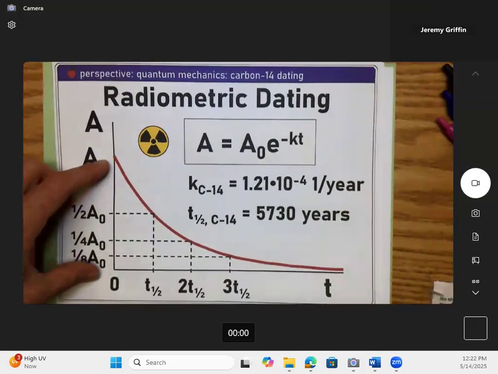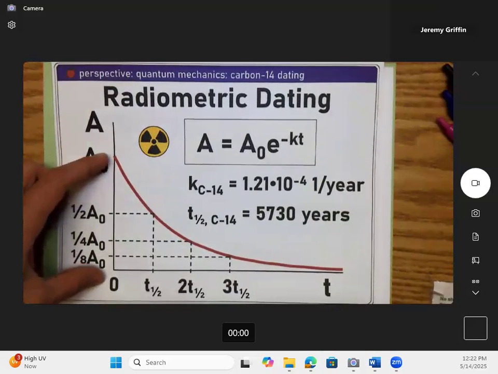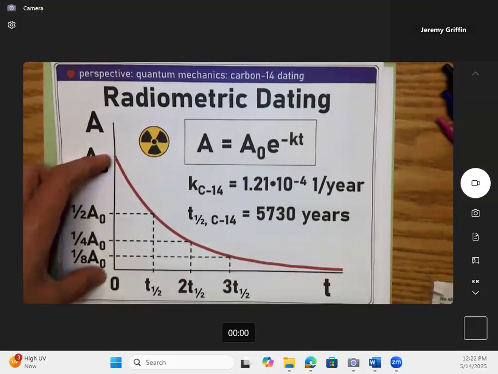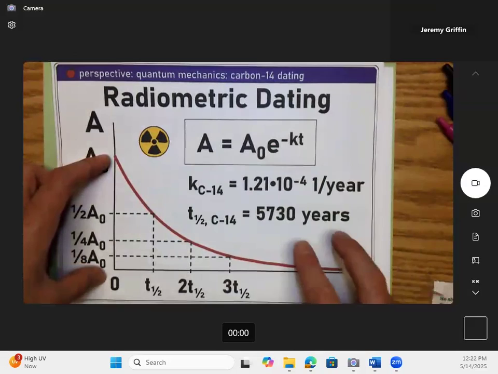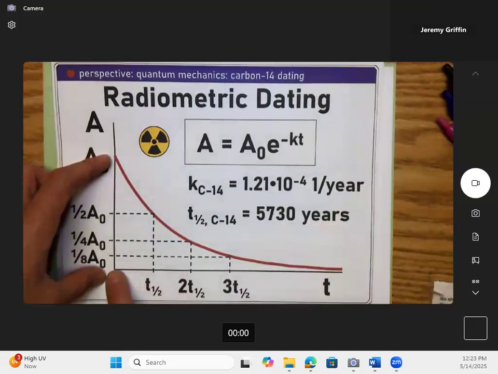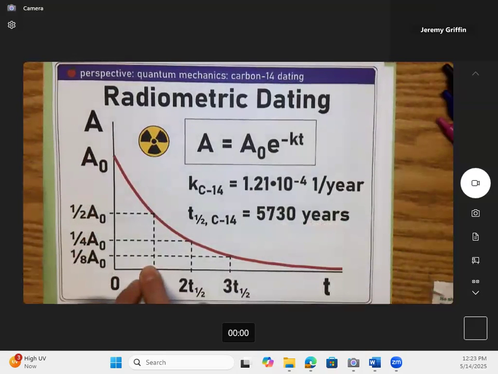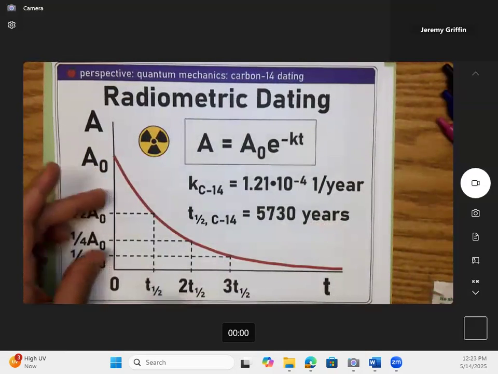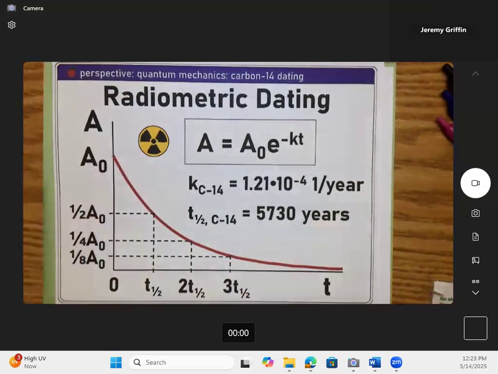So here's the basic concept: if you start off with some amount of radioactive material. Now, a lot of atoms are stable, so this won't happen at all. But if you have something like U-235 or carbon-14, which I'm going to use as an example, it'll have some associated half-life. So if you allow one half-life worth of time to pass, then you'll have half of what you started with, and then the other half would have decayed to the next part of the process.